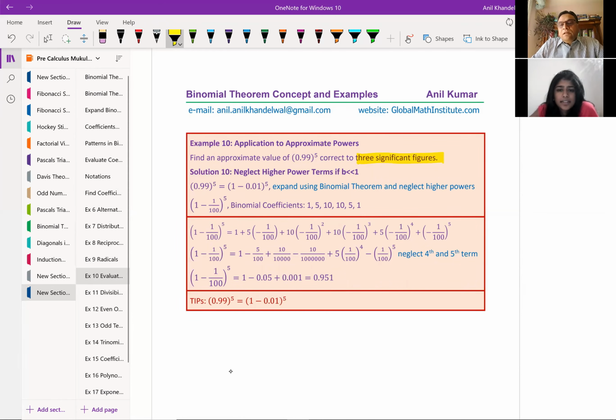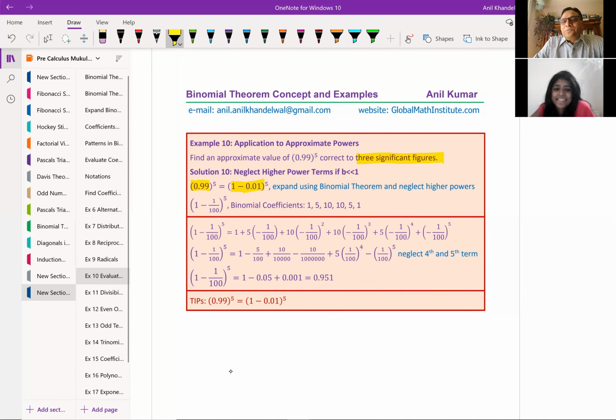Correct. It is not easy to do such questions, and many times even finding powers may become very difficult. How can we use binomial expansion to do this? A beautiful way: 0.99, as you said, can be written as 1 minus 0.01.